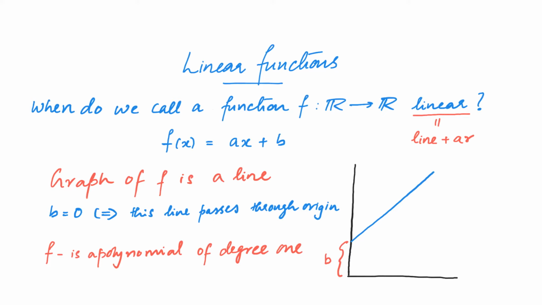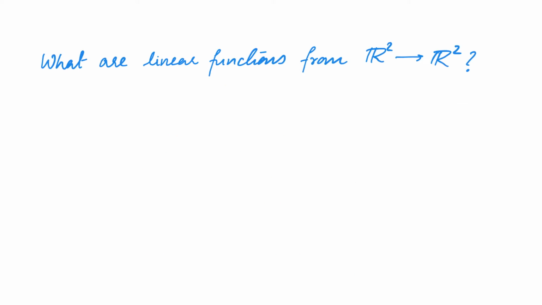Now we change the domain and codomain. We ask, what are linear functions from R2 to R2? Now we should not expect that the graph of a function f from R2 to R2 is a straight line. Let us convince ourselves with some examples.